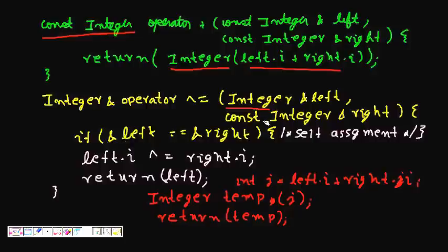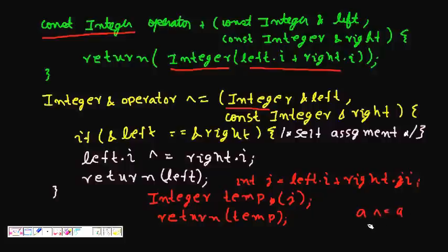One very important thing here in operators is that I'm checking if left is equal to right, by address. Some coders might pass the same object, so I can do a plus equal to a.